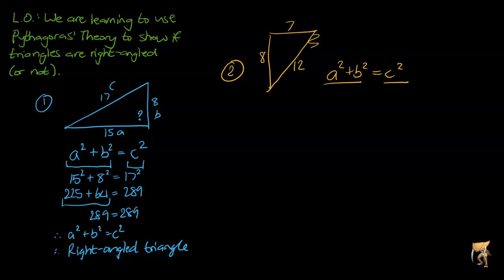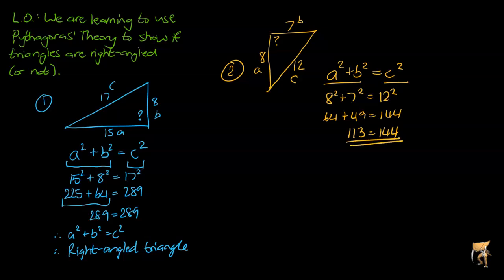The longer side of the triangle should be the hypotenuse. That should be opposite the right angle, if it is a right angle. And for the other two sides, 8 might be a, and 7 might be b. So we're now going to substitute that in. 8 squared plus 7 squared should be equal to 12 squared. So we've got 64 plus 49, which is 113, and that is compared to 144.